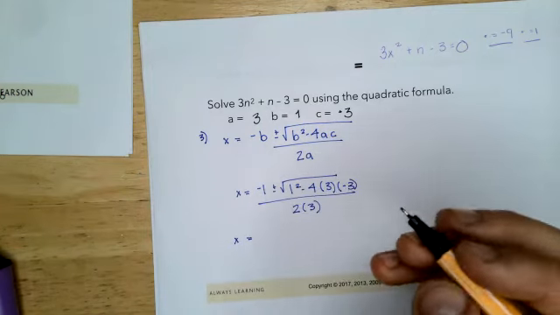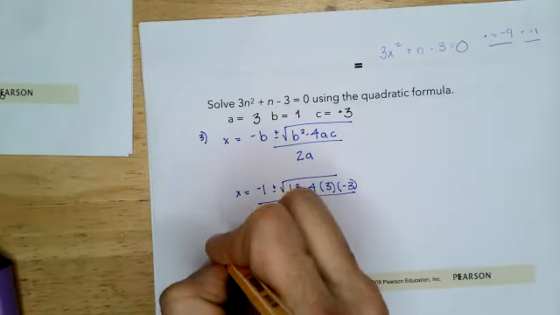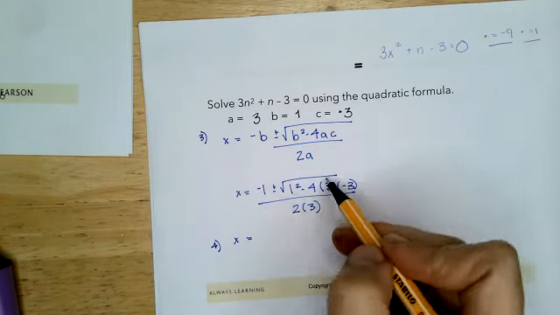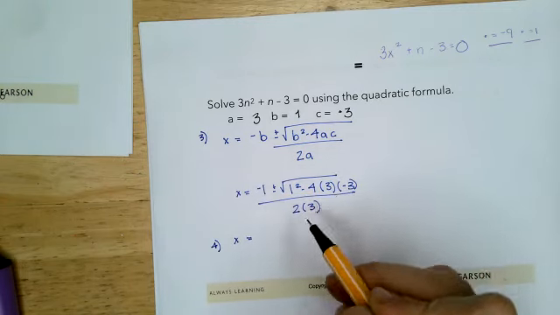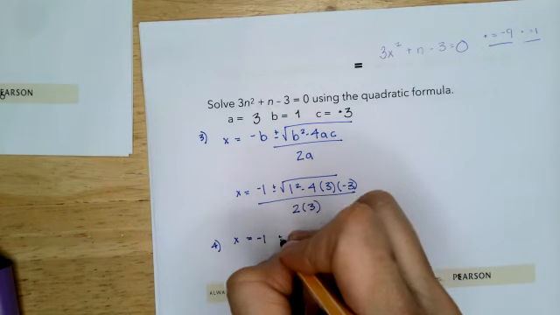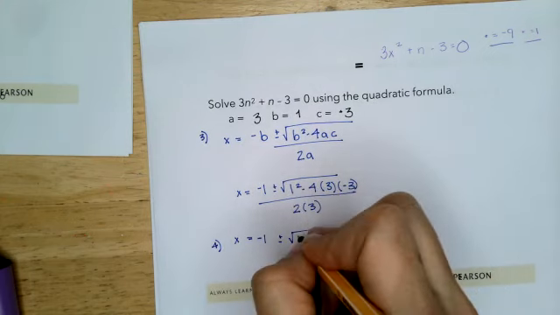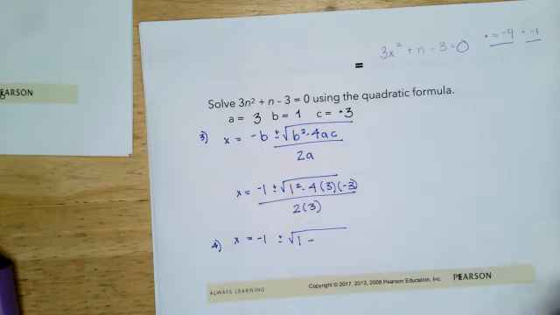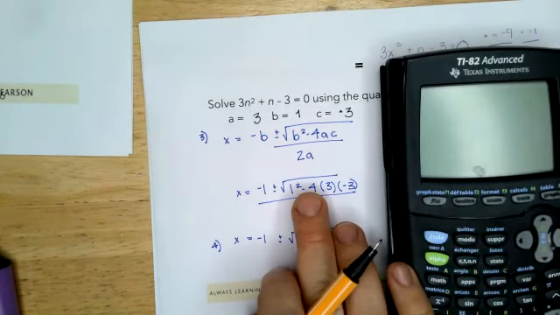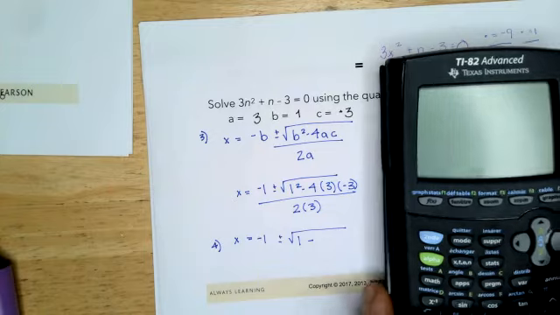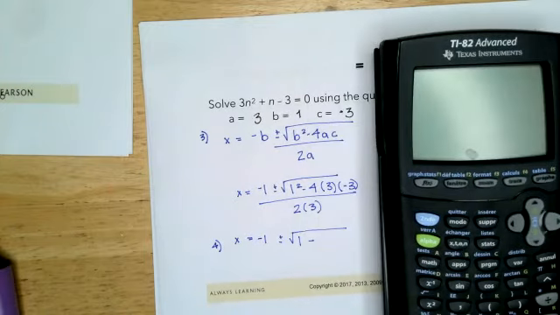Now it asks us to solve. Remember, it was solve what is under here and solve what is under here. So that's negative 1. 1 squared is just 1, right? Minus, or instead of saying minus and then multiplying 4 times 3 times negative 3, I like to just look at it as, like I did last time, negative 4 times positive 3 times negative 3.